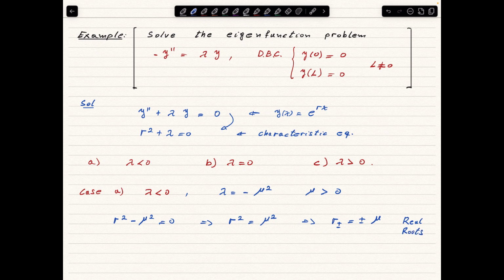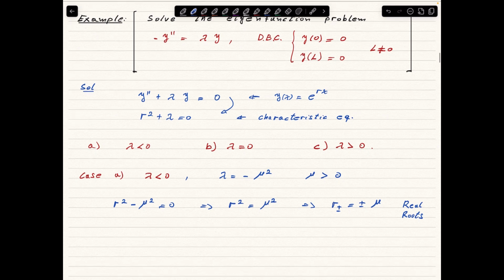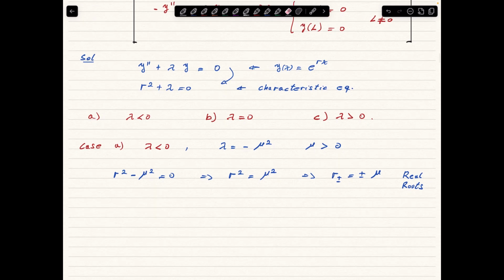Okay, so now at this point we can use the boundary value problem theorem that we reviewed before. Okay, let's write it down. The boundary value problem theorem, what does it say?